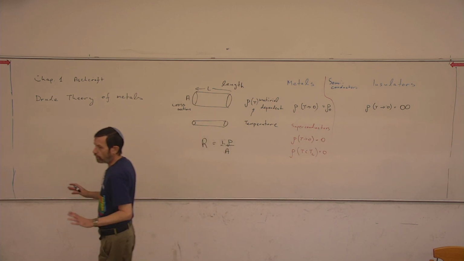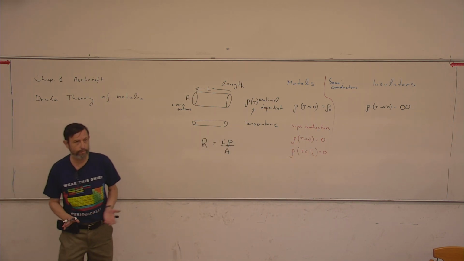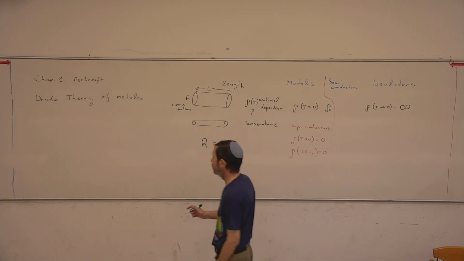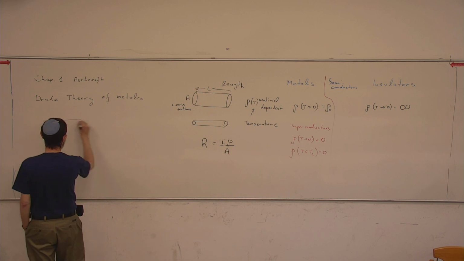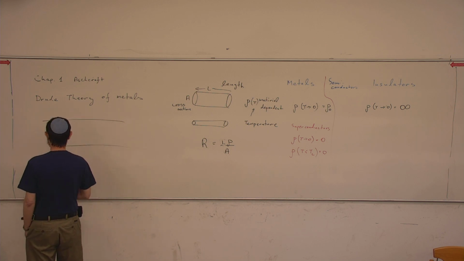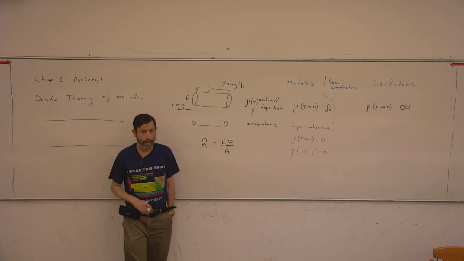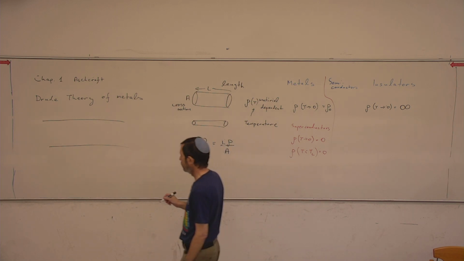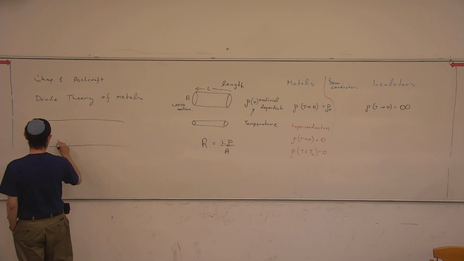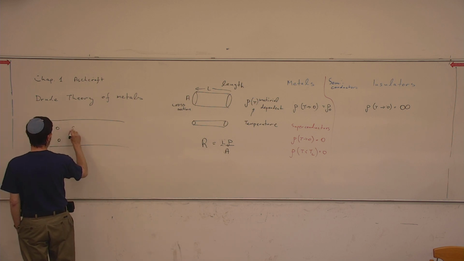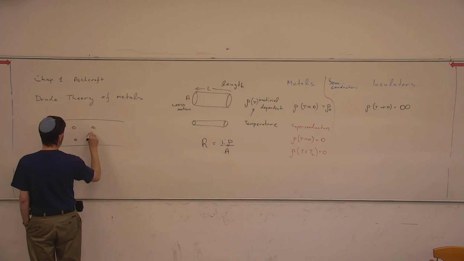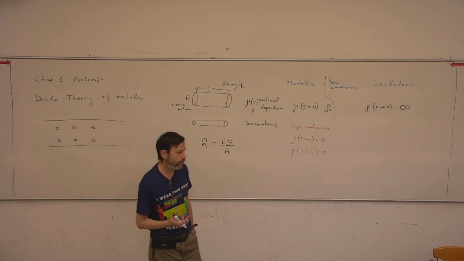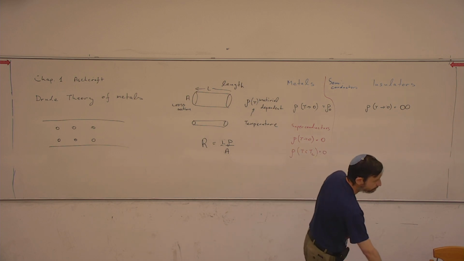So, what was Drude's concept? Well, we have a metal. And we have their atoms. And these atoms have electrons.